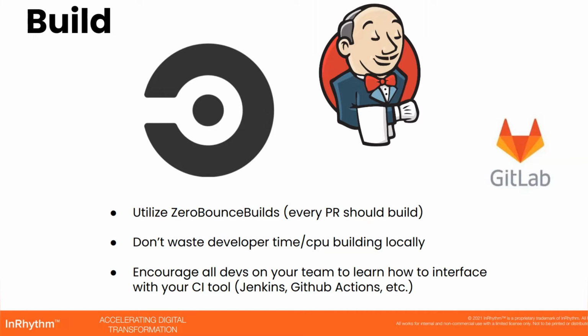Every single pull request, anytime you want to make a change, something should automatically make sure at least that your code builds. Because if you have a syntax error and something's not even going to compile, there's no reason for anybody to look at that code. So having something automatically tell you that you've made a mistake like that is important.